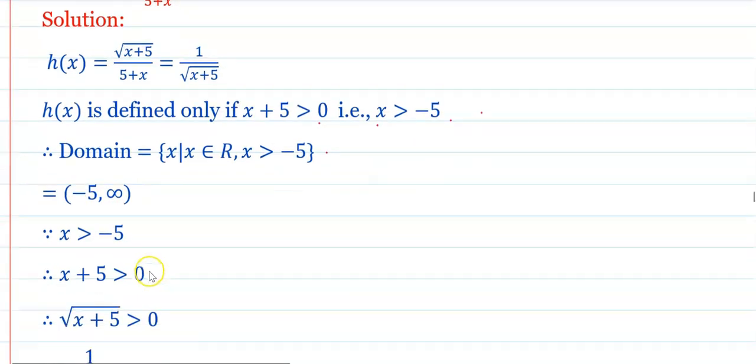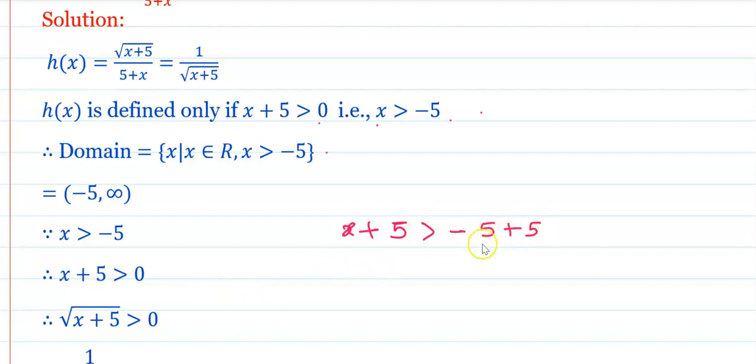Okay, now the first thing is here x is greater than minus 5. If we add plus 5 on both sides, then what you will get: x plus 5 is greater than minus 5 plus 5. It means that plus 5 minus 5 get cancelled, you will get 0. That is, x plus 5 is positive.